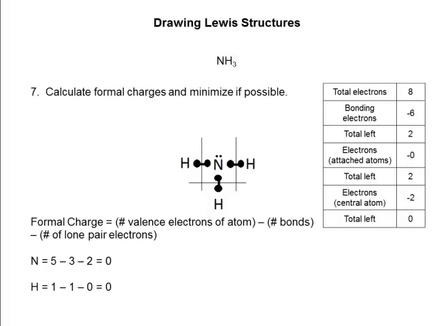Well, it has 1 valence electron and ends up with 1 electron. It's true of all those hydrogens. The nitrogen, if it gets 1 electron from each bond, that's 3 electrons, plus it's 2 in the lone pair, that's 5 electrons. Well, nitrogen started with 5, it's still ending up with 5. That's really what the formal charge is looking at. Nitrogen started with 5 valence electrons, it technically ended up with 5 electrons. Okay, that's not always going to be the case with some of these. All right, but that's just a picture showing that.